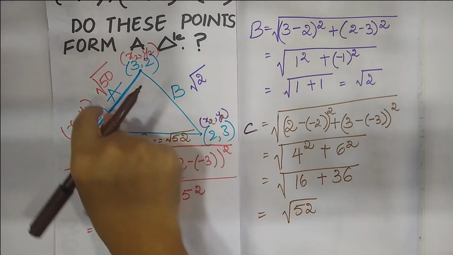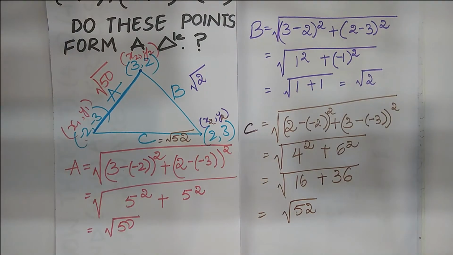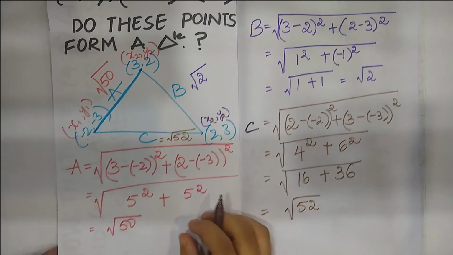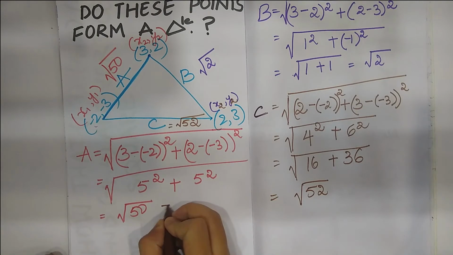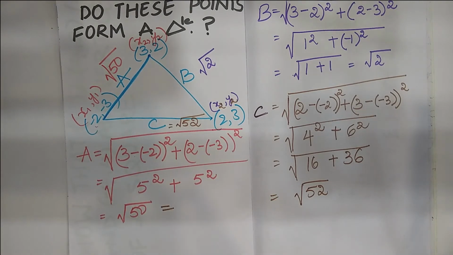Now we have all the three sides, right? You need to convert that square root into a fraction or a decimal point number so that it will be easier for us to deal with the numbers. So here we have square root of 50. So what is square root of 50? We'll have to calculate that.